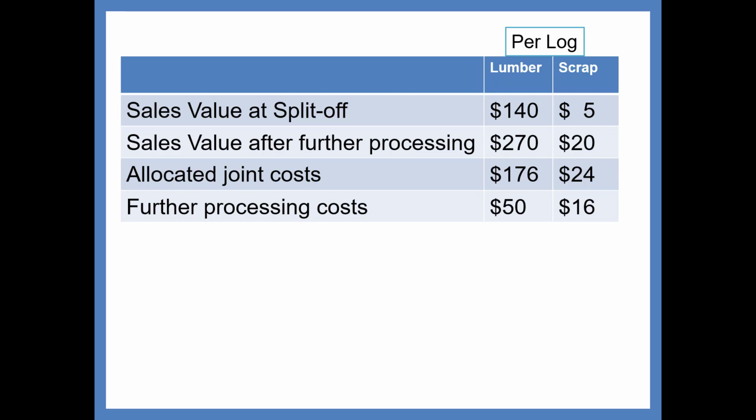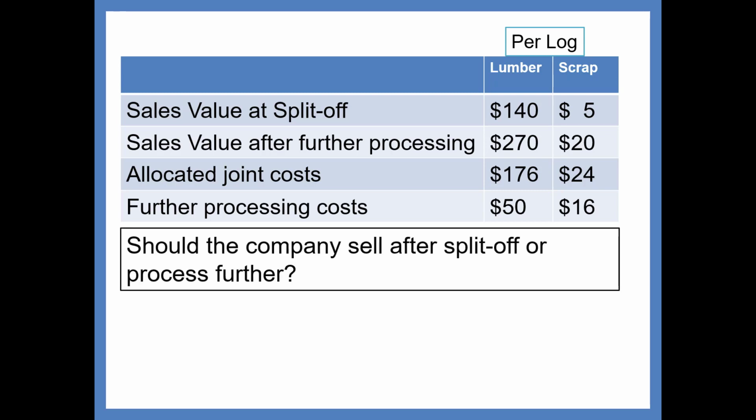These are the sunk costs. They're not going to change regardless of the decision that we make. The additional processing cost to get from lumber to treated lumber is $50, and to go from scrap to Presto logs is $16. Should the company sell after split off or process further?